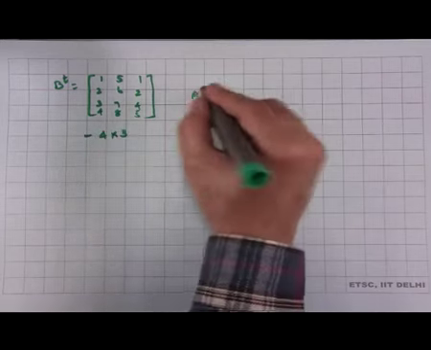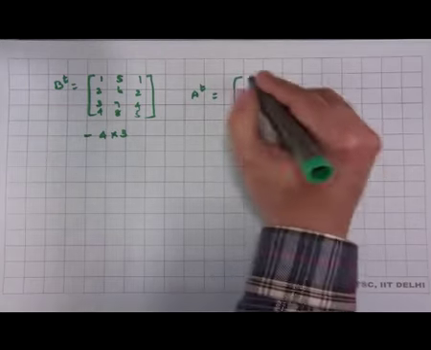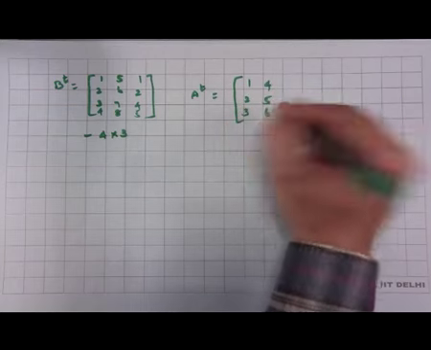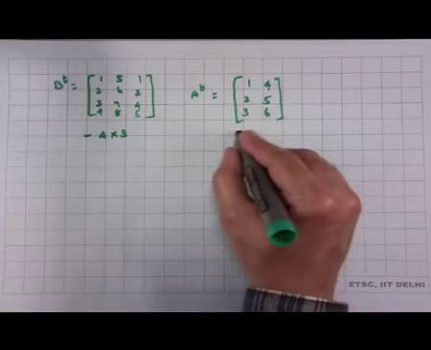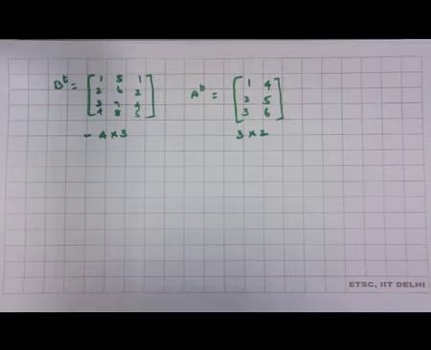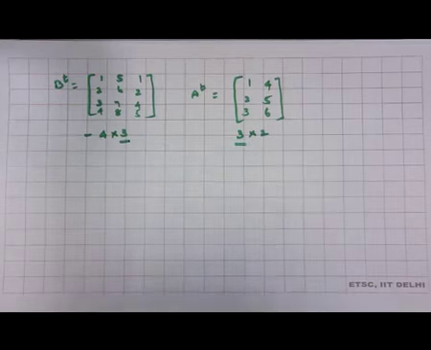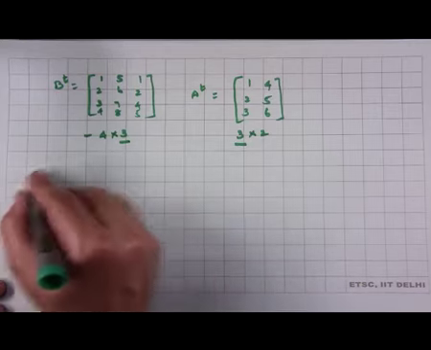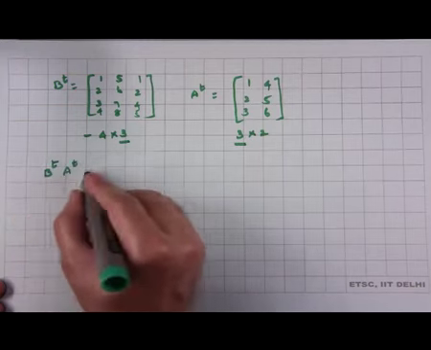On the other hand, A transpose is given by 1, 2, 3 and 4, 5, 6. This is a matrix of order 3 by 2, and so these two match; they both are compatible for multiplying. Let us calculate B transpose A transpose.